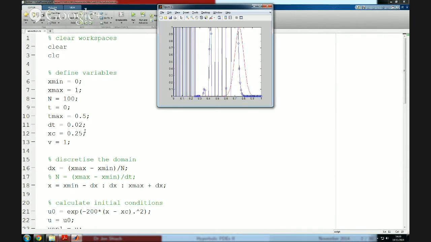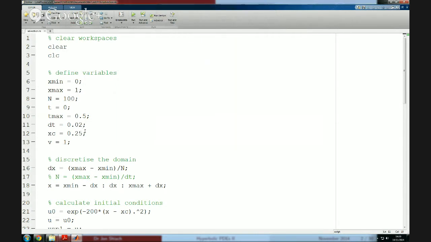Those oscillations are just instability. So these finite difference schemes aren't stable for all values of delta t or dt. What we're going to be looking at today is for what values these schemes are stable. And once we've looked at that, we're also going to look at a few more schemes, including some second order ones.